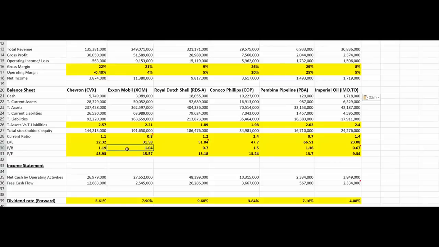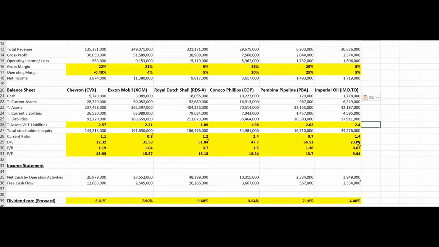These are above asset value, which means you're acquiring the business above its asset value, which is not recommended by analysts. Royal Dutch is below 1, which is good. That means the company is undervalued at this time. ConocoPhillips is at 1.5, Pembina Pipeline 1.36, and Imperial Oil 1.67. This means that Imperial Oil is currently at a really undervalued price.